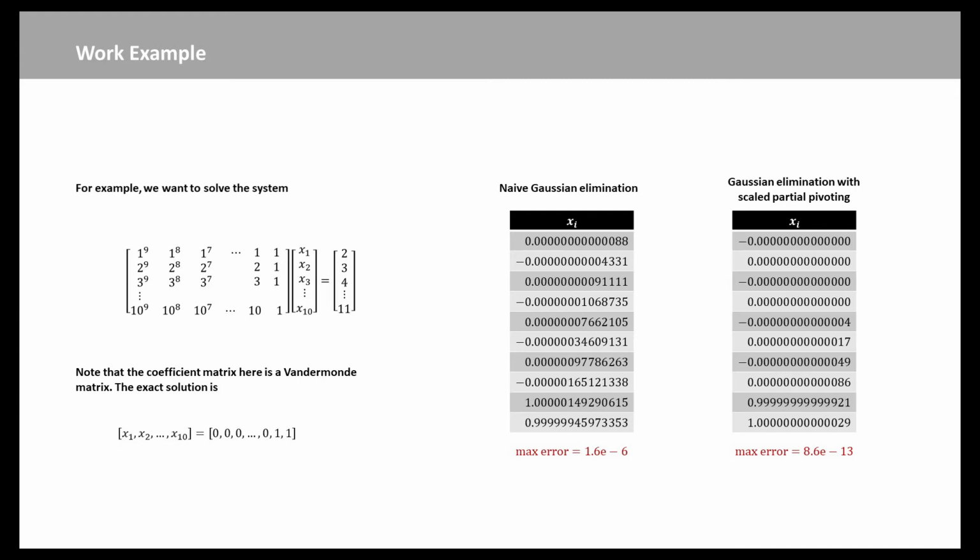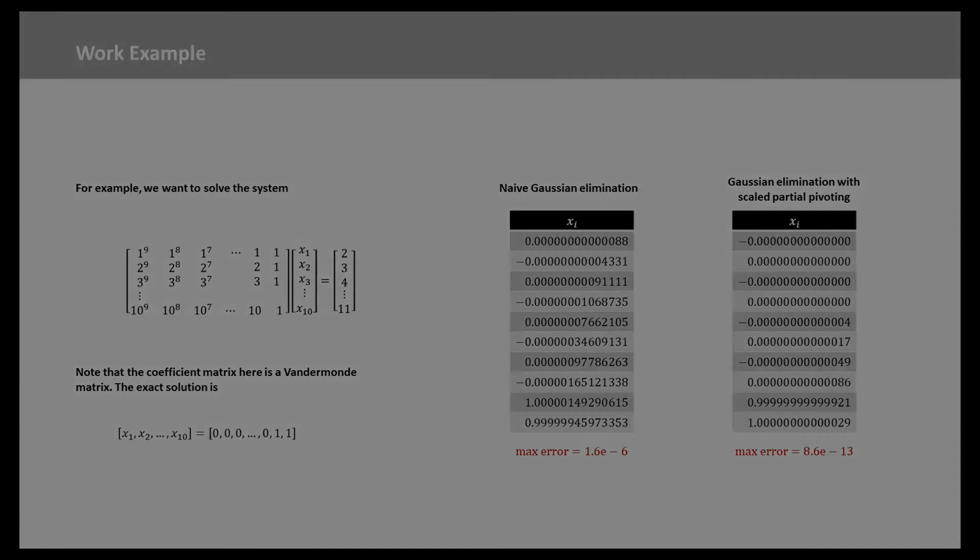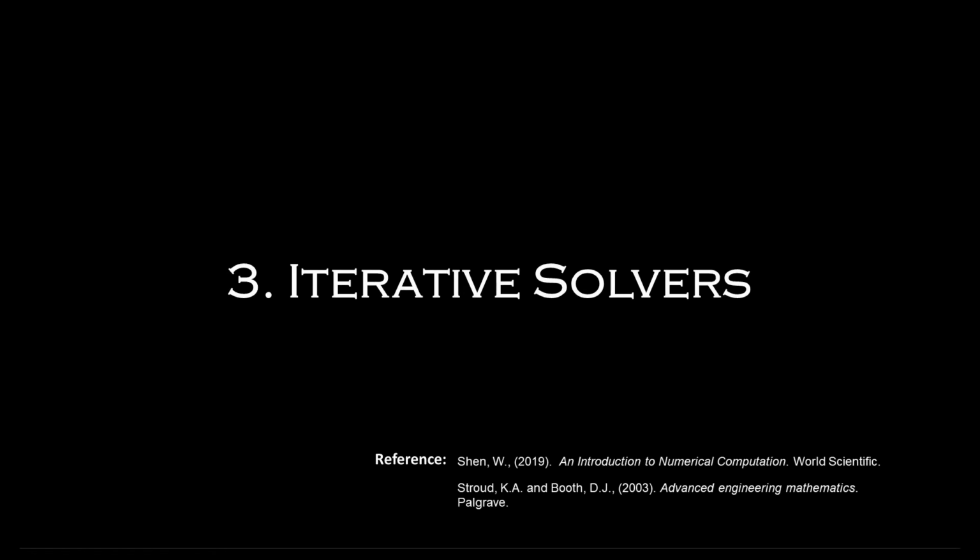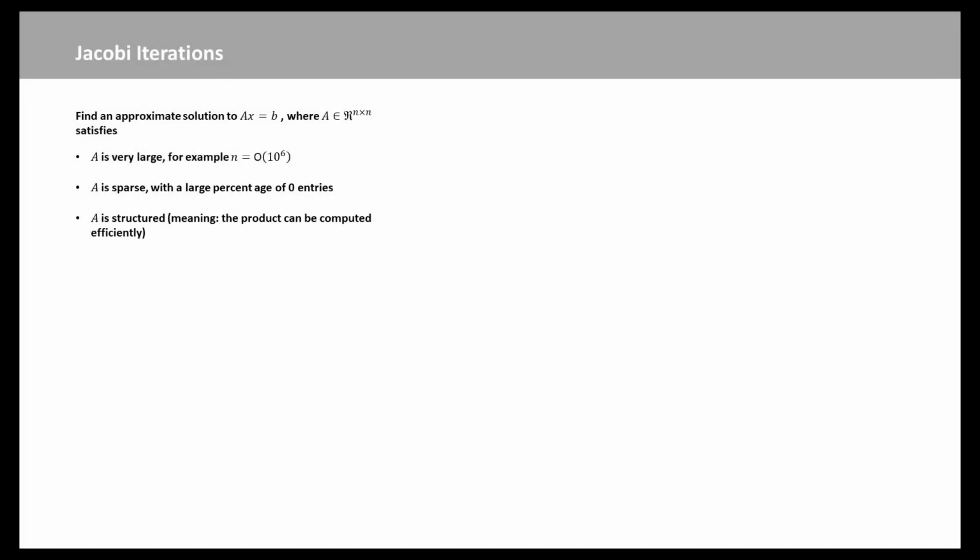However, in a system of Ax equal to b, if the matrix A is large, solving the system using Gaussian elimination requires a long time. Faster methods are needed. We now look at fixed point iteration methods to find approximate solutions to linear systems, and we'll be considering the following problem.